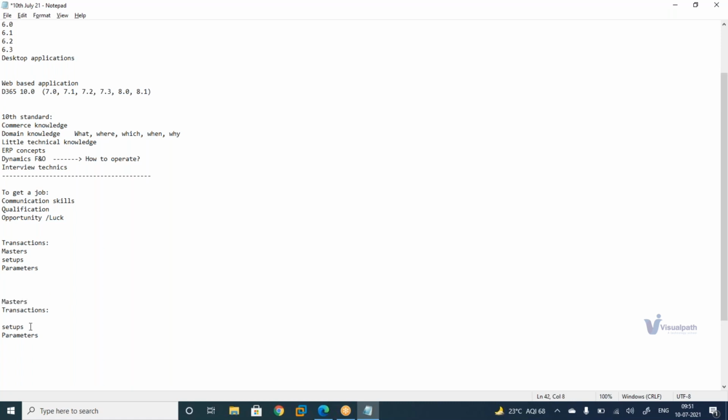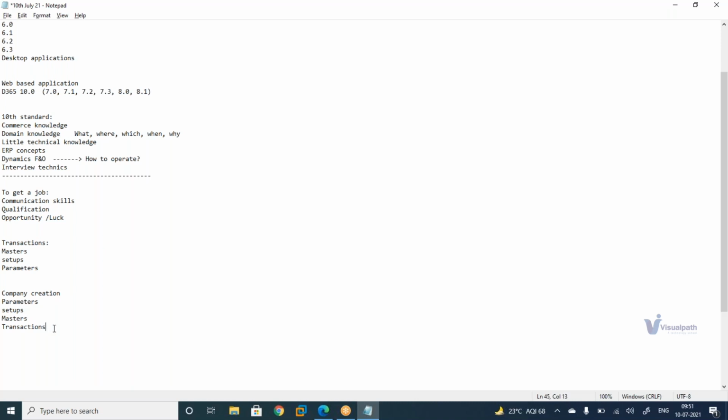Company creation process, exactly opposite. So you need to create a company, and then in that company, you need to do parameters and setups, and then masters, and then transactions.